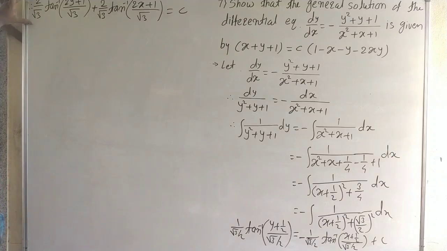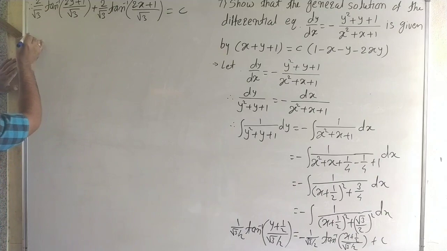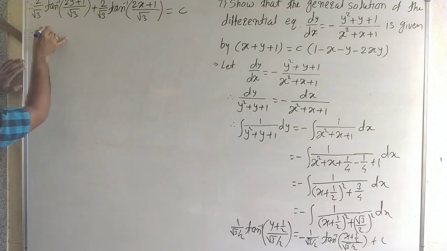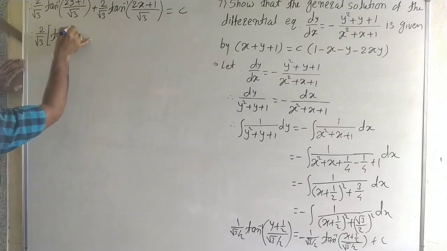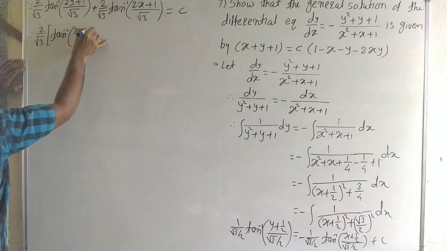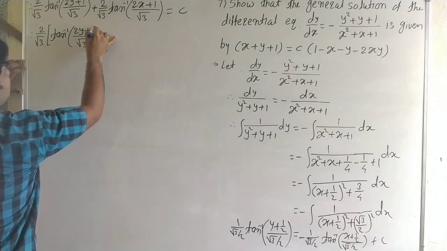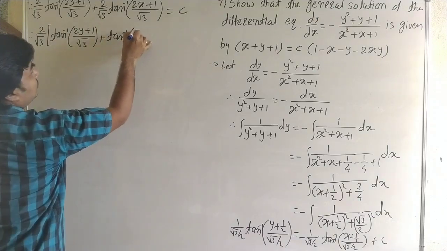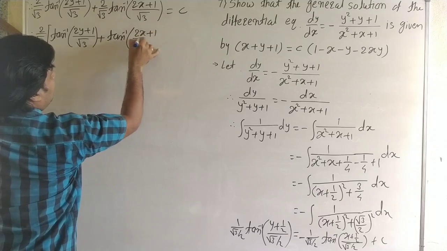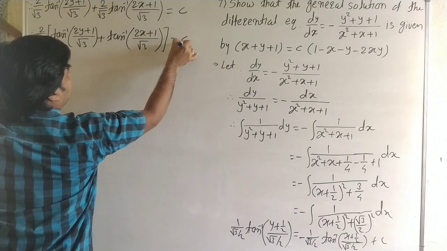Now again here 2 by root 3, 2 by root 3 is the same, so we take it common, then 2 upon under root 3, then we get tan inverse of 2y plus 1 upon root 3 plus tan inverse of 2x plus 1 upon under root 3 is equal to c.